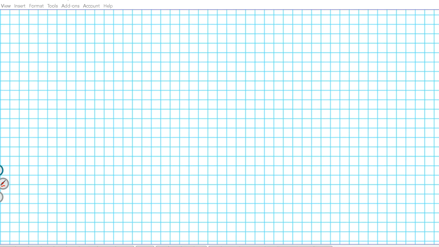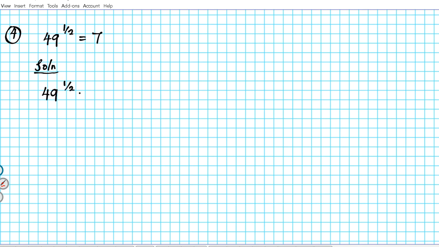So for question 4, let's say we have the exponential equation 49 raised to the 1/2 power is equal to 7. Alrighty, so how do we write this in its equivalent logarithmic form?